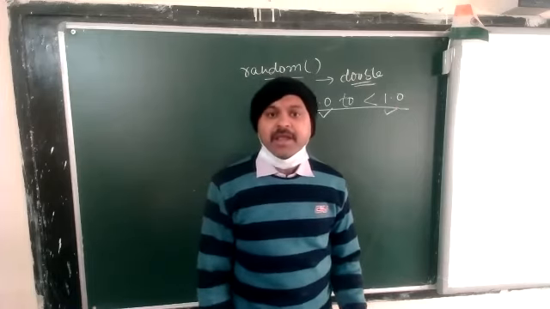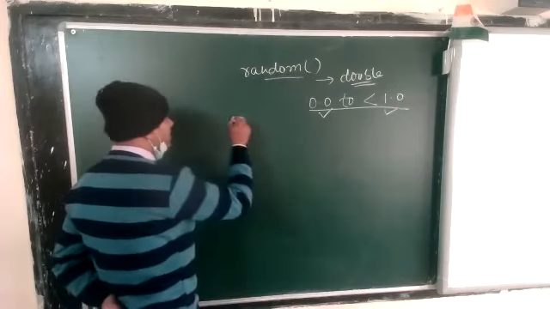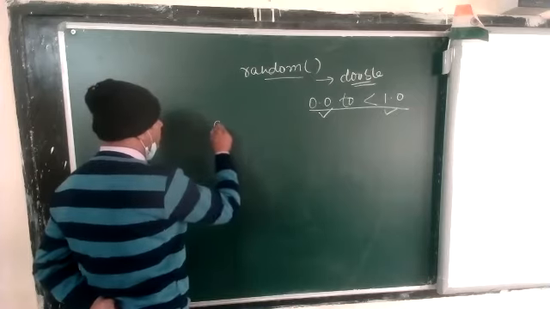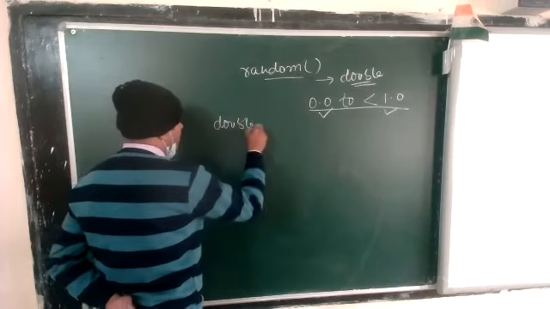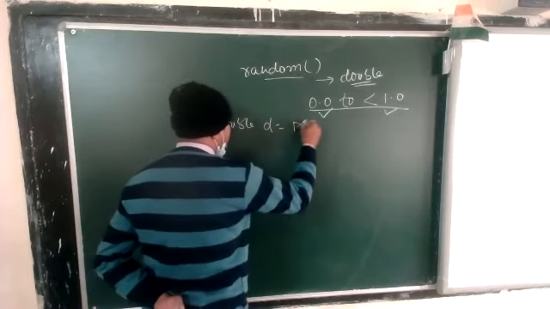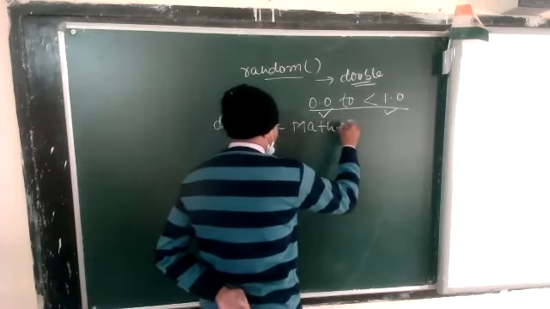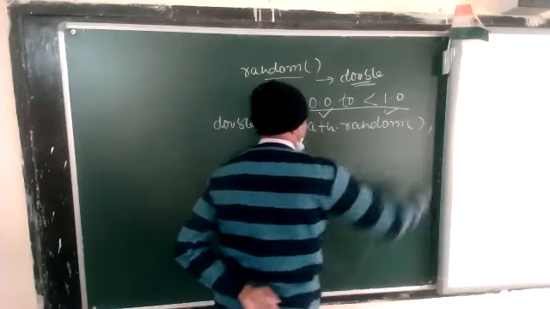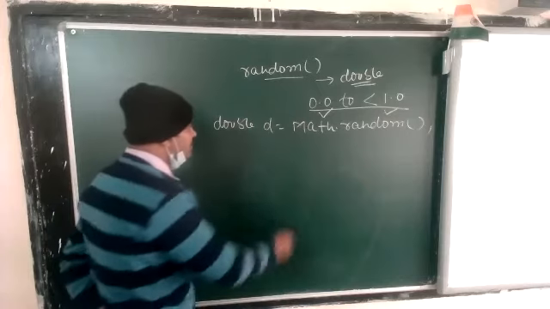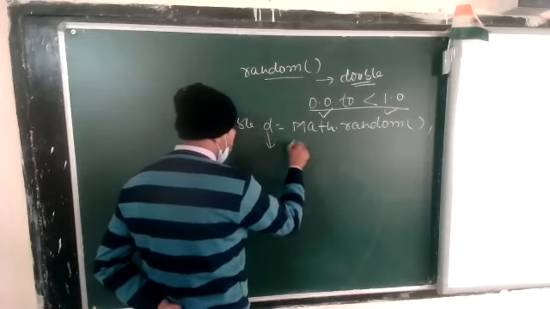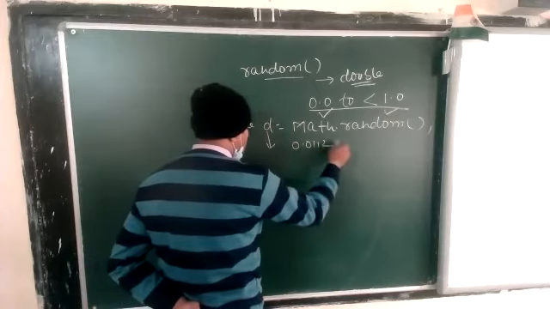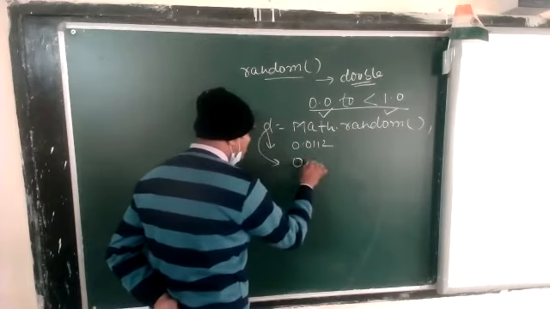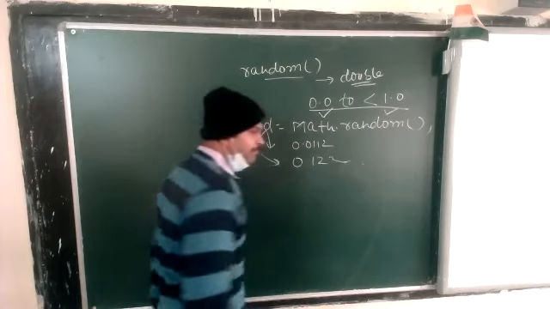For example, if I'm using double b equals Math.random(), this function doesn't contain any parameter. So it may provide you 0.0112, something like that. Next time again we calculate, it will provide you 0.123, something like that.